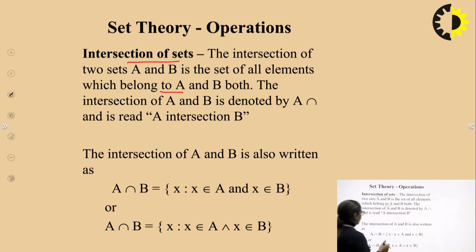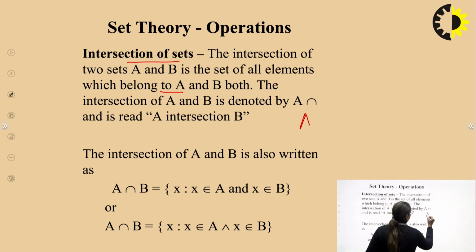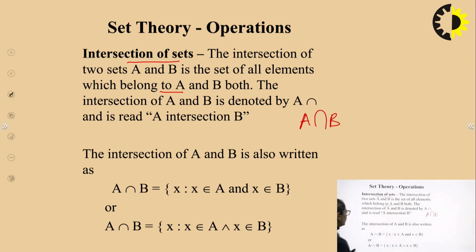The symbol for this is A intersection B. That means X belongs to A and X belongs to B. And we can also write it like this, X belongs to A, with the AND symbol, and X belongs to B also.